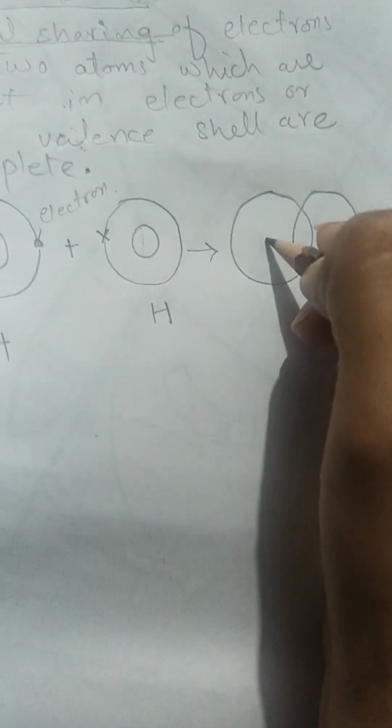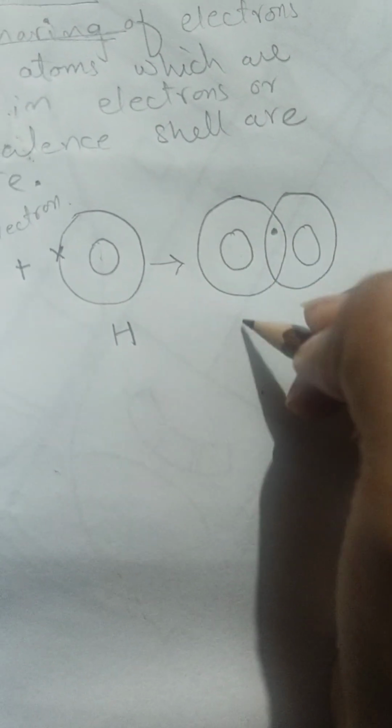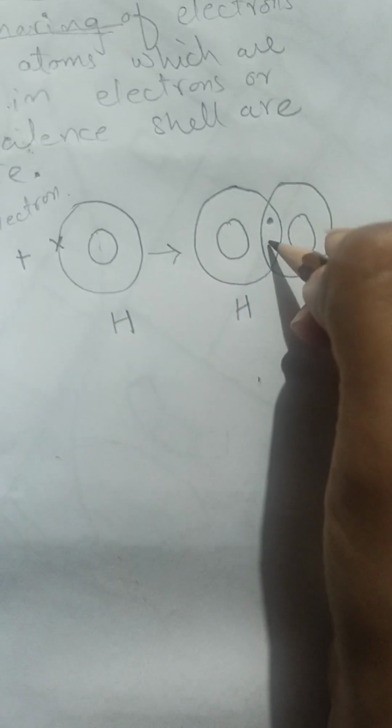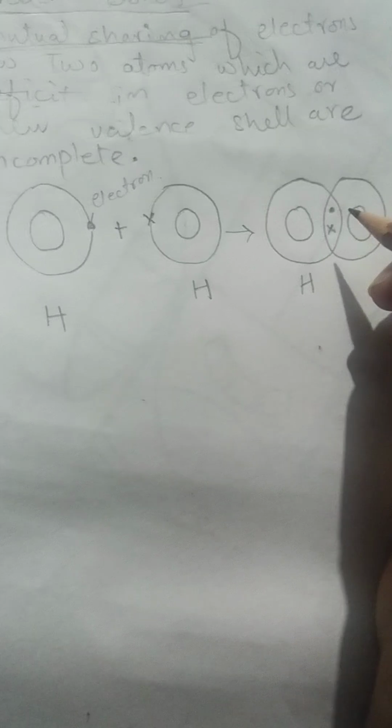Sharing of electrons is shown by overlapping between two atoms. There is one electron of one atom and another from the second atom. We show these electrons by dot and cross to differentiate the electrons between two atoms.